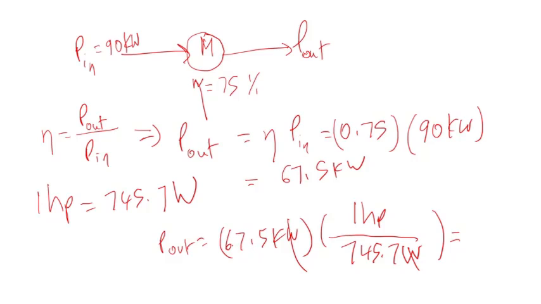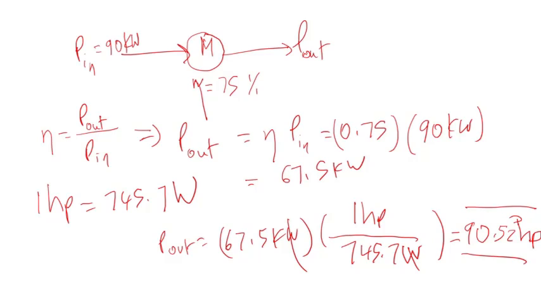I'll have 67.5 times kilo, which is 1,000, times 1 horsepower divided by 745.7. If you carry out that calculation, you get 90.52 horsepower. So that's the horsepower rating of the motor.